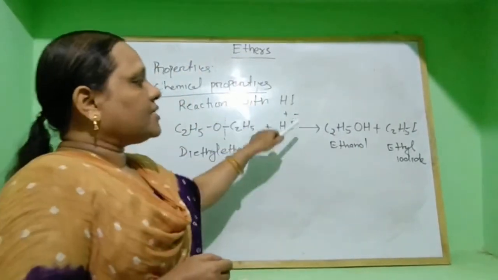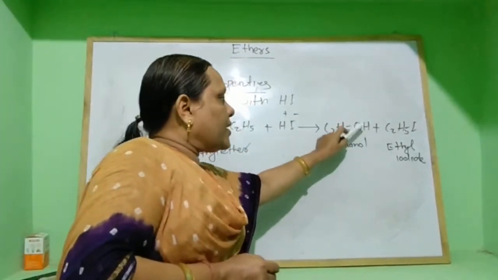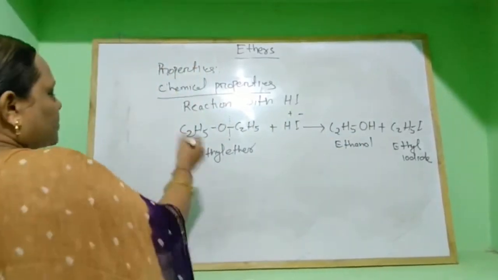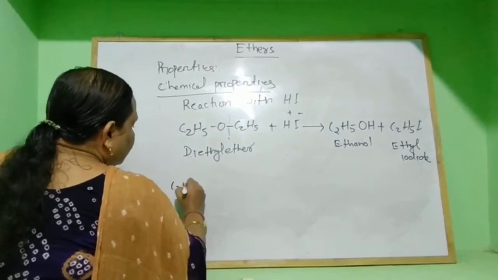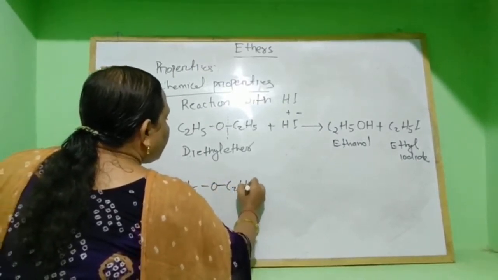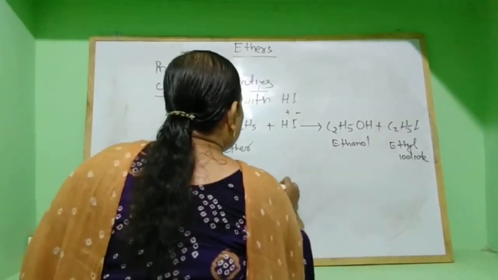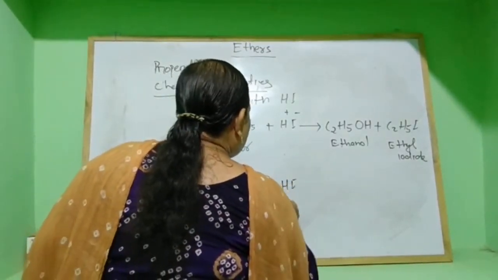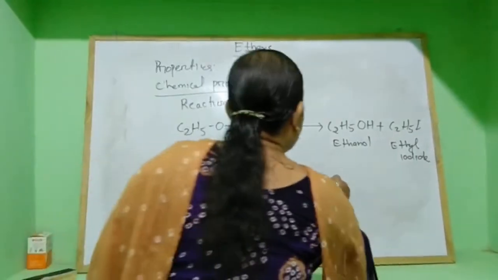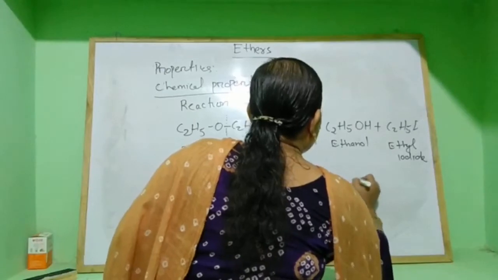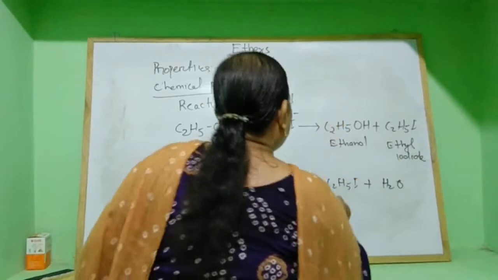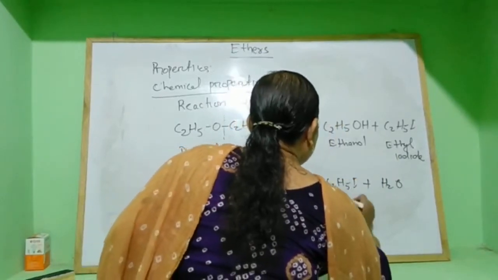If excess of HI is taken, then this alcohol again reacts with halogen acid to form ethyl iodide. So the net reaction I can write like this: C2H5OC2H5 plus 2HI, this is excess, gives rise to 2C2H5I plus H2O, ethyl iodide.